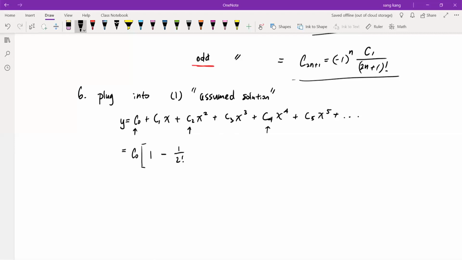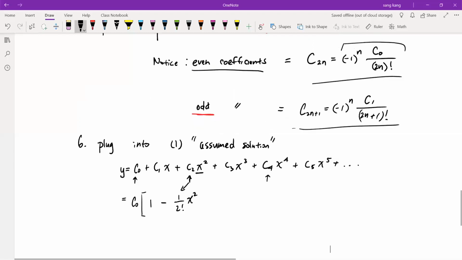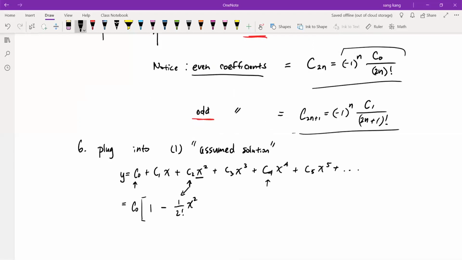And then this is coming from the C2, right? So this is the C2 here. But notice we also have an x squared term here. So I'm going to multiply by x squared. So the next term is going to be the C4, which if we plug 2 into this equation here, we can get our form of C4, which is positive 1 over 4 factorial.